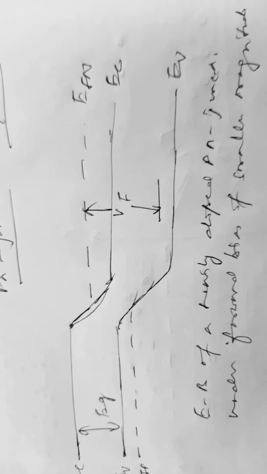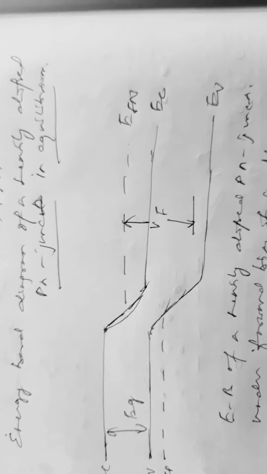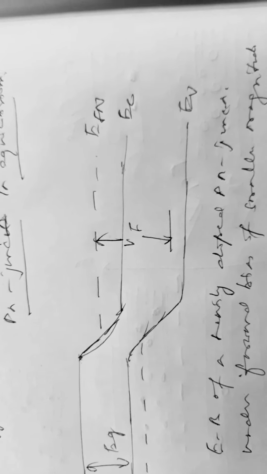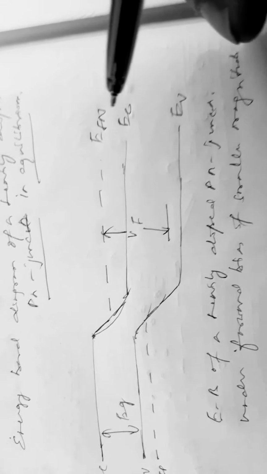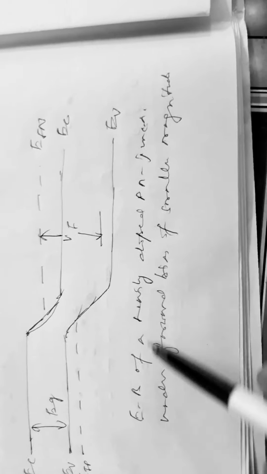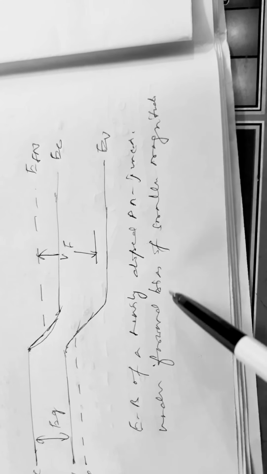Electrons and holes are injected into the junction region in considerable concentration. Here is the energy band diagram of a heavily doped p-n junction under forward bias. In other words, carriers are pumped by a DC source.